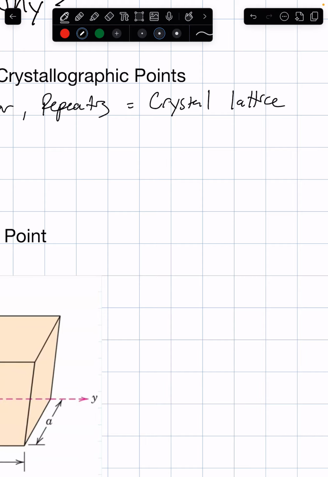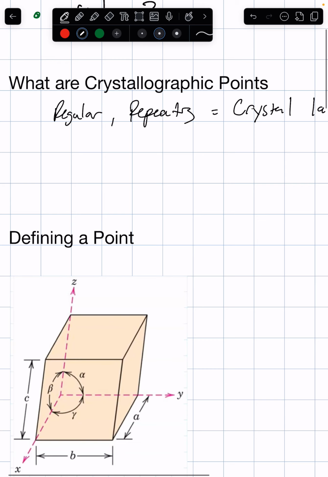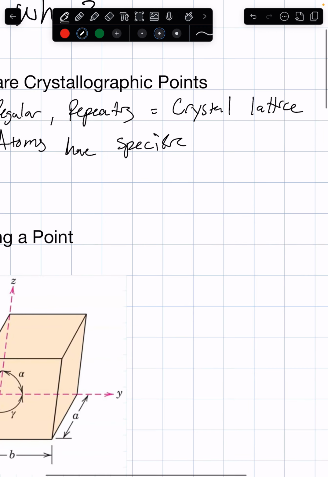So each atom in this lattice, right, atoms have specific locations, which we can describe using a coordinate system.